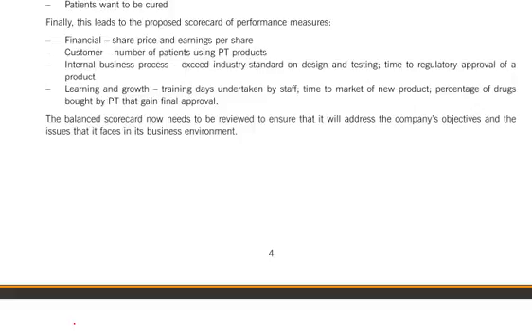So let's see what we could say about those, thinking in this drug testing scenario, how could we perhaps think about improving? So here they have the proposed scorecard for financial, share price and earnings per share. That's okay as far as it goes. Shareholders would be interested in that, but would they be perhaps interested in anything else as well?